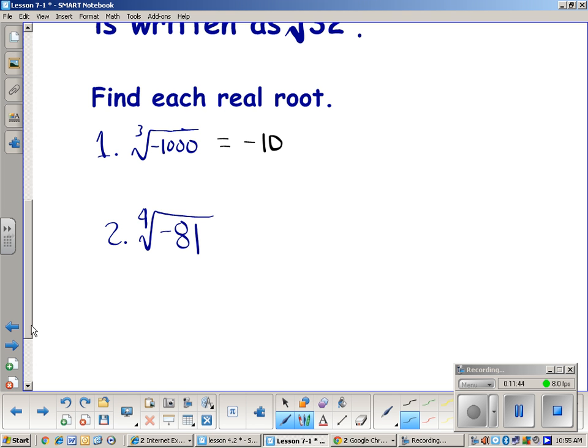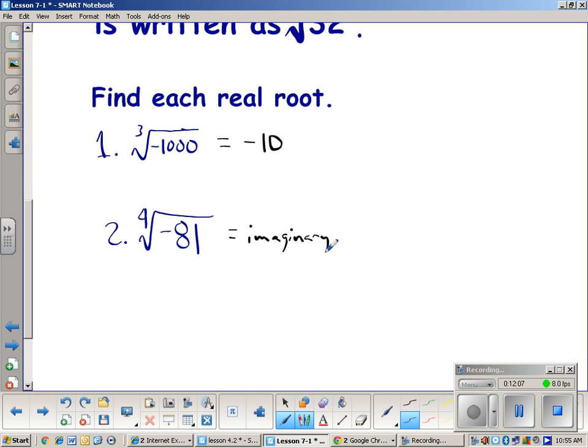Find each real root. Can I find a real root for the fourth root of negative 81? No. I can't. So I would say again, this is imaginary. It's an imaginary root.